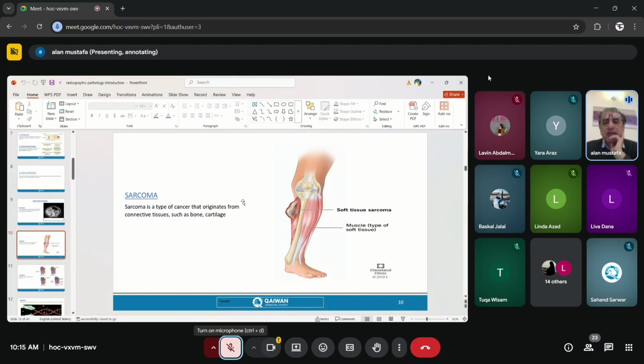But if the malignant tumor arises from the connective tissue, we call it sarcoma. So both carcinoma and sarcoma are malignant tumors, but the cell of origin is different. The first one is epithelial cell, the second one is connective tissue. If you want to know the difference between epithelial cells and connective tissue cells, you can go and read it.